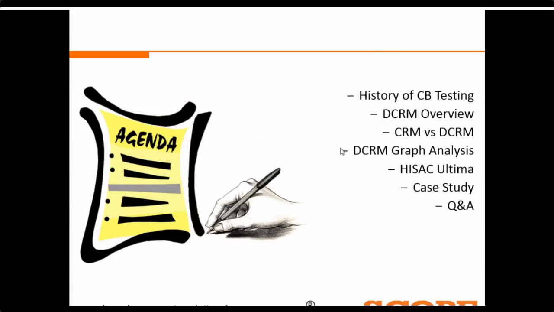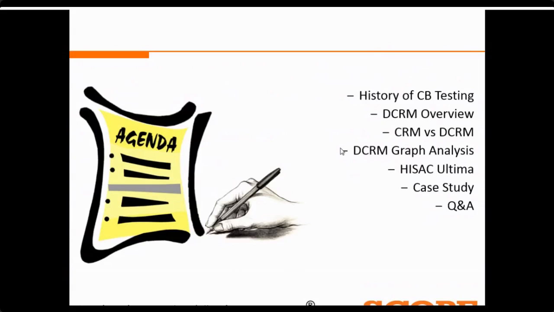I'll give an overview of the HiSec Ultima product along with its features and specification. After that, I'll explain two case studies which we have done with the help of this HiSec Ultima instrument. And then we will have the final Q&A after the presentation.